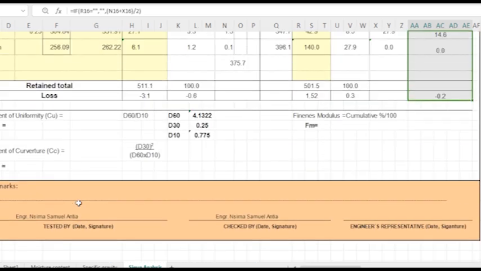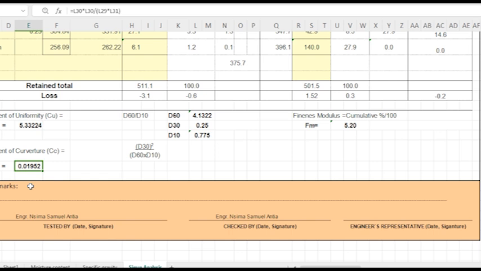Then for the values that we have, the fineness modulus is 5.20. Coefficient of uniformity is 5.33224. Then coefficient of curvature is what you have there.